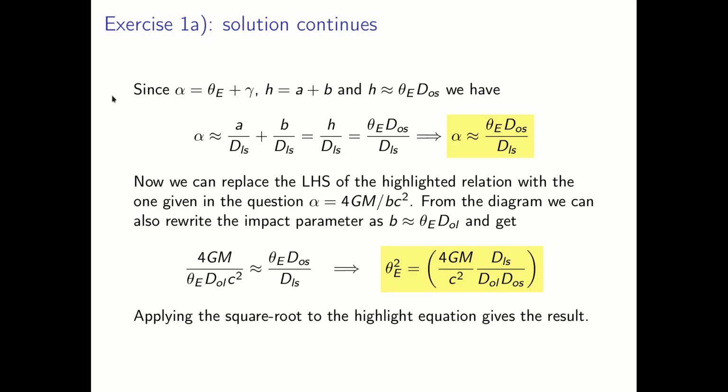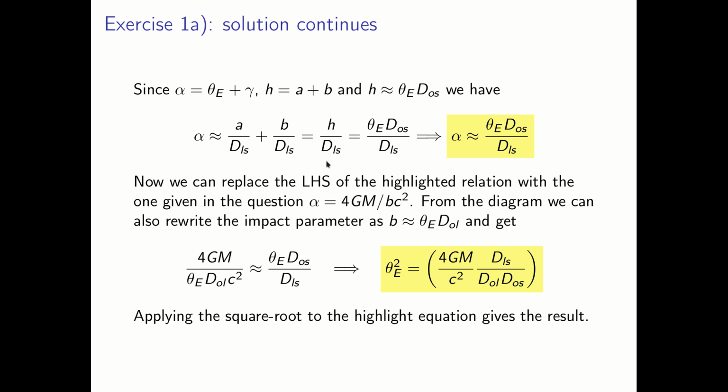Now, since we saw before that the deflection angle is the sum of the Einstein's angle plus gamma, and H is the sum of A plus B, we can write alpha as A over DLS plus B over DLS. Then A plus B is H, so we have this equality here.